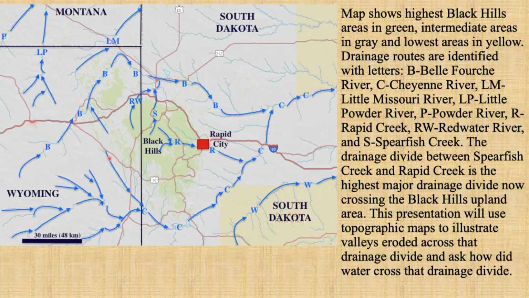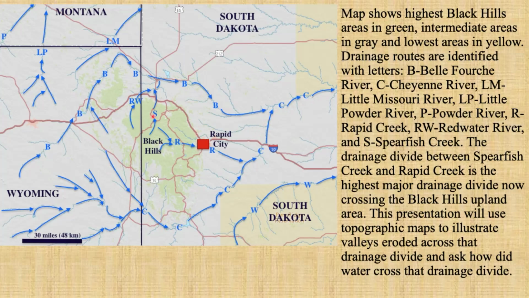And the Cheyenne River, like the Belle Fourche River, starts out here in the west of the Black Hills, flows in a southeast direction, and then turns in a northeast direction to join the Belle Fourche River, and then flows further, and eventually it'll join the south-oriented Missouri River.